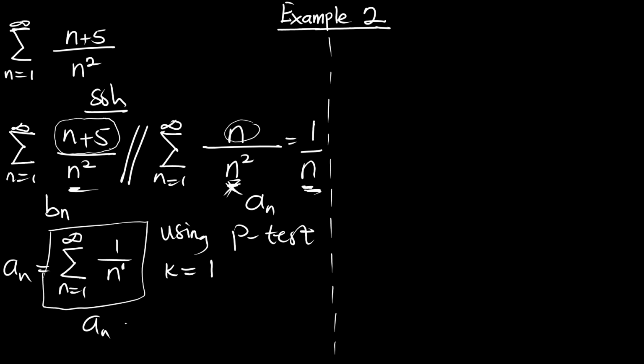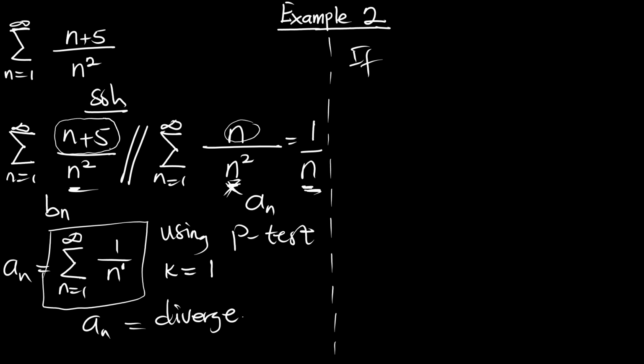Therefore, an diverges. So what do we know from the previous episode? The rules of the comparison test. What we are saying is, if the smaller series is divergent, therefore the bigger series is also going to diverge.